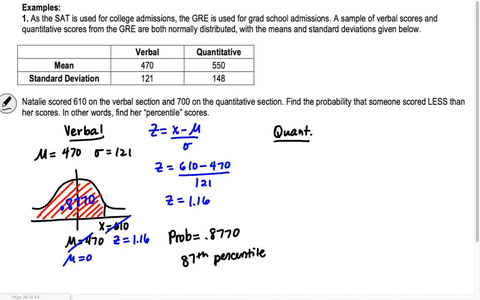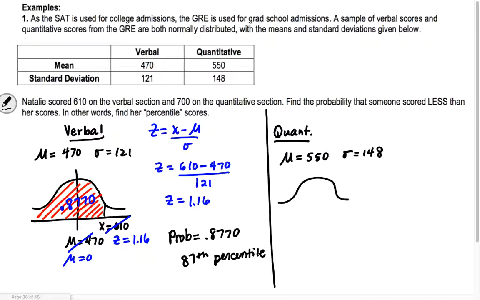Okay, so let's do it for the quantitative one. Our mean is 550 and our standard deviation is 148. For this bell curve, we have 550 in the middle, which we're going to change to 0. And she scored, what'd she score on this one? 700?